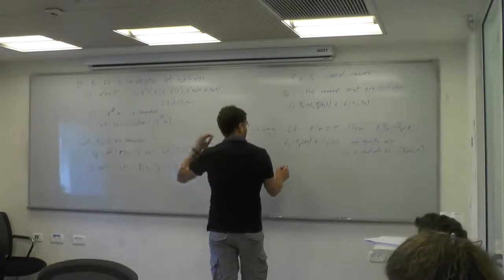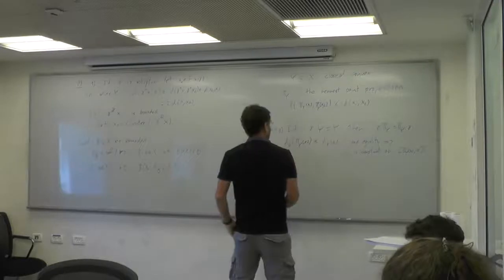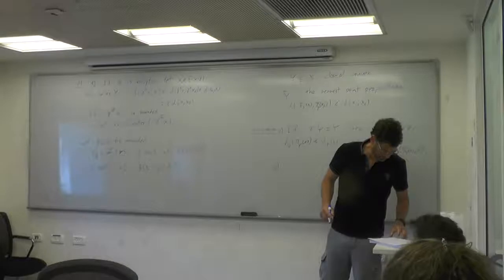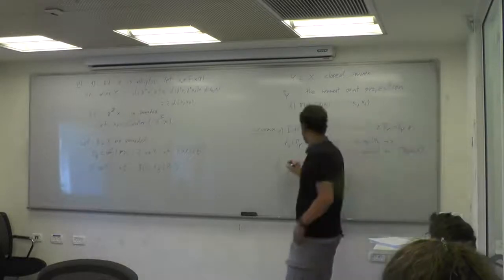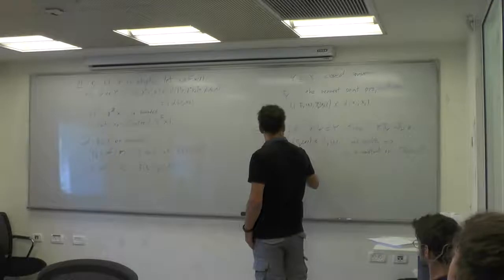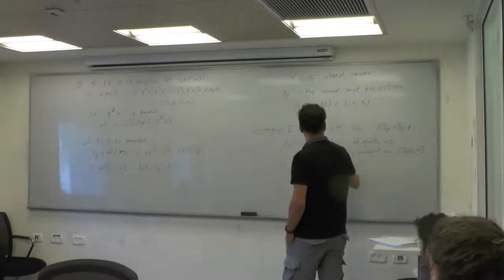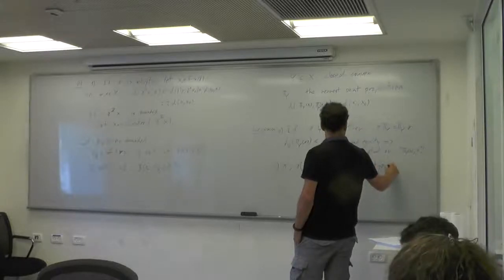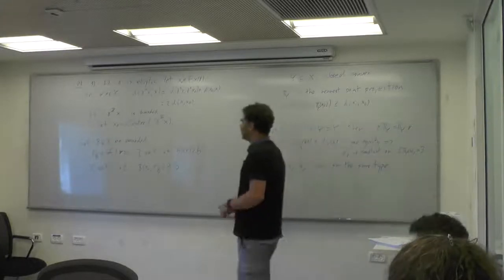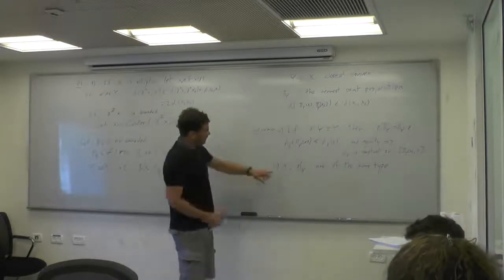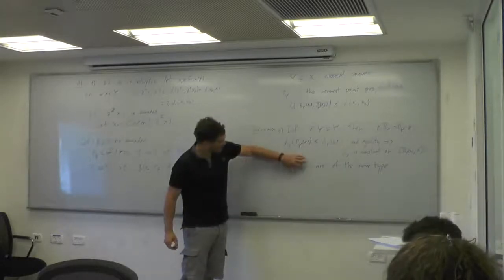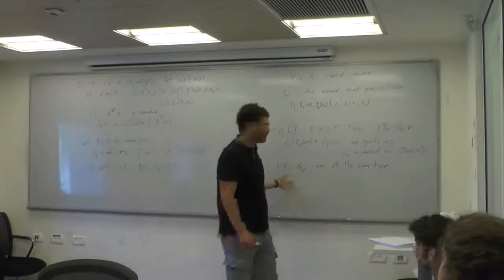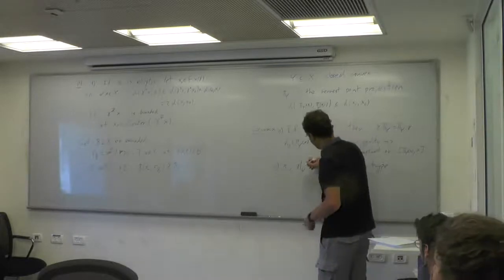And from one and two it follows that gamma and gamma restricted to Y are of the same type. What that means is that if gamma is elliptic, then gamma restricted to Y is elliptic. If gamma is parabolic, then gamma restricted to Y is parabolic. If gamma is hyperbolic, then gamma restricted to Y is hyperbolic. So they have the same type.